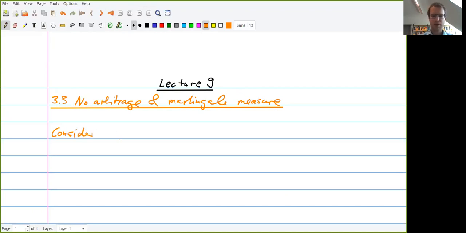So today we leave the binomial model and we consider a general discrete time financial market, fulfilling our usual assumption that we have one risk-free asset, which corresponds to the bond market, and a number of risky assets, which are the stocks and shares on the market.